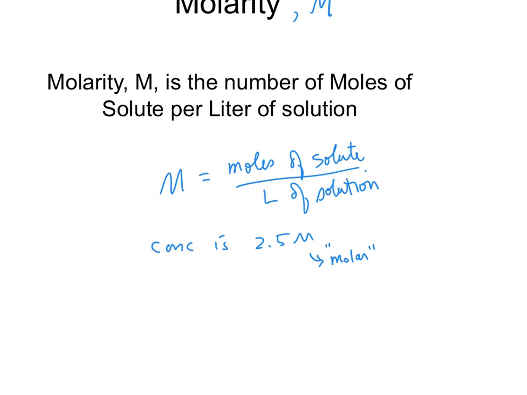I'm just trying to give you the wording here. So the molarity, or the concentration, is 2.5 molar. That's how you would say it. And if you were going to write it, you'd say the molarity is 2.5 M for molar. You'll see what I mean as we go ahead.